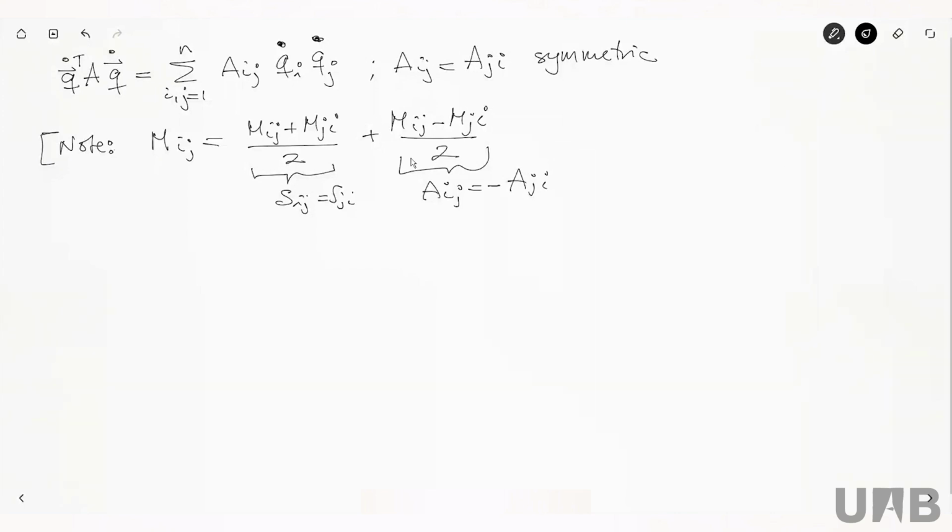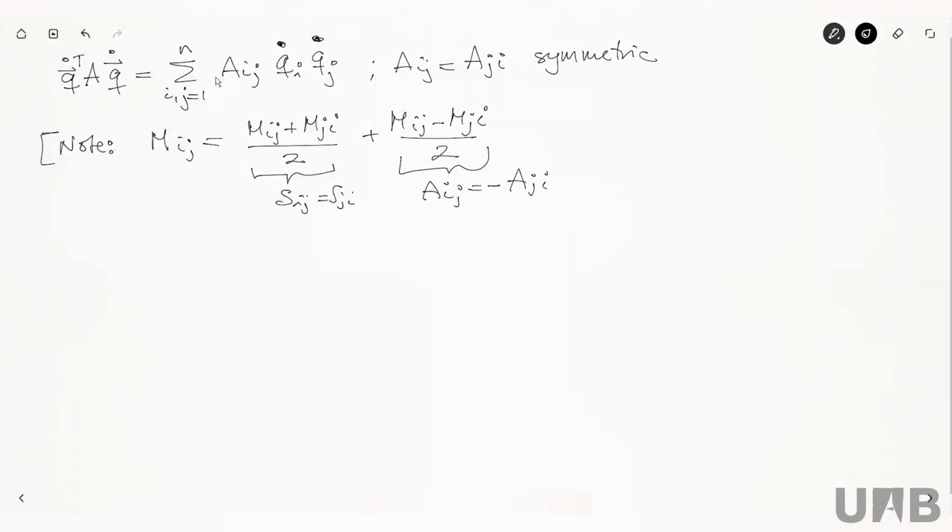But why can I say that here it's only symmetric? Because the subindices are dummy, they are dummies. Yes.